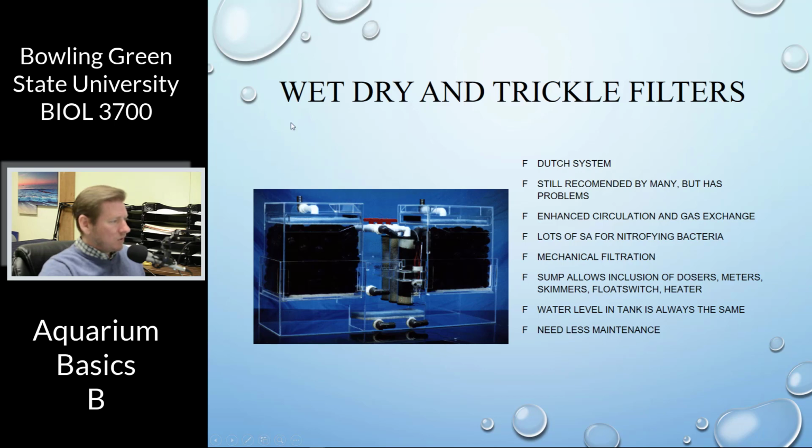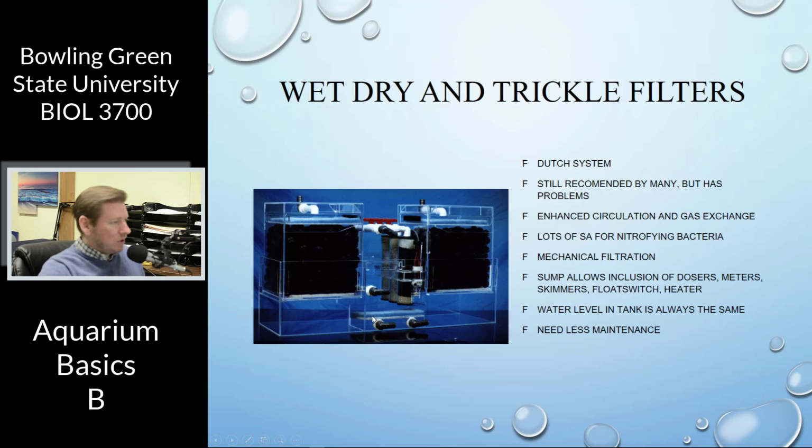Basically, water comes from your tank into this drip tray. The drip tray has a big piece of mechanical filtration or filter media here. So water will drain through this, which needs to be taken out and rinsed off every couple days. And then the water drains over these BioBalls. There's your biological filtration, runs down into the sump.